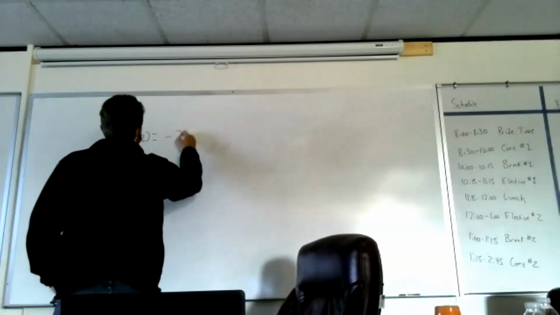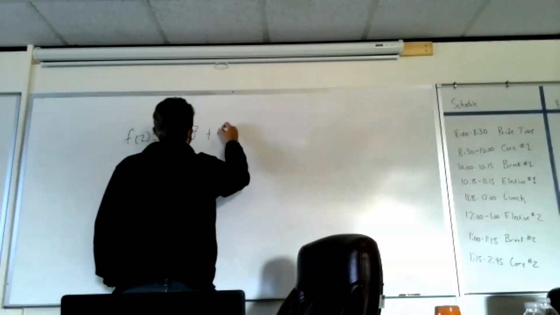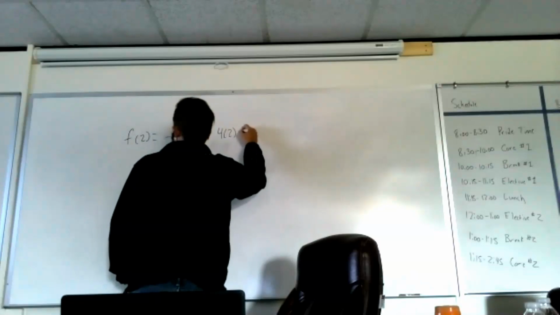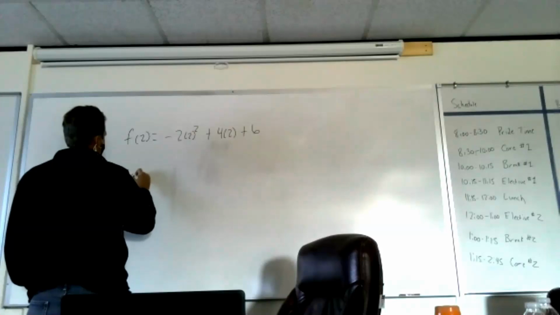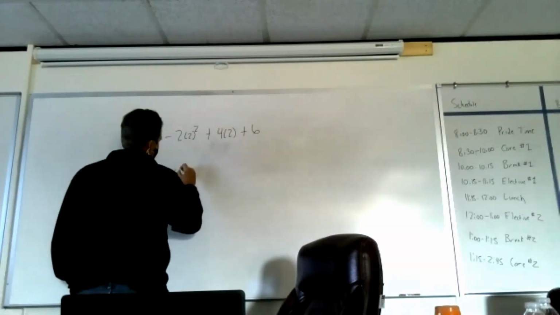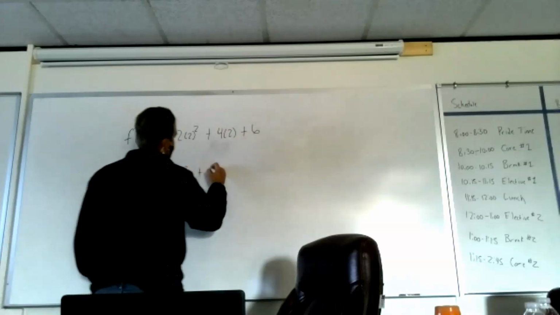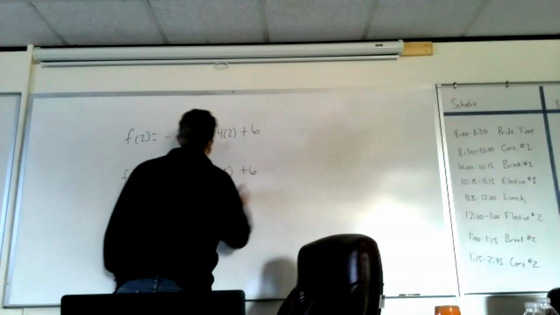So that's -2 times 2 squared plus 4 times 2 plus 6. And I have f of 5 is equal to -2 times 5 squared plus 4 times 5 plus 6.